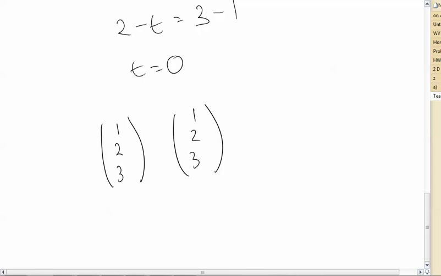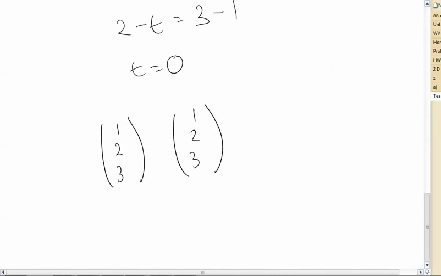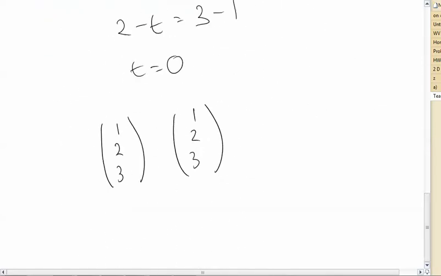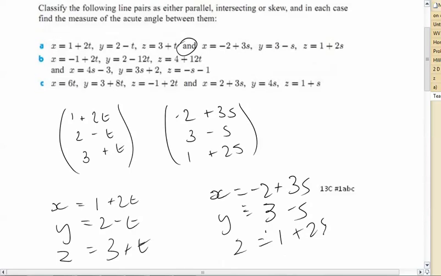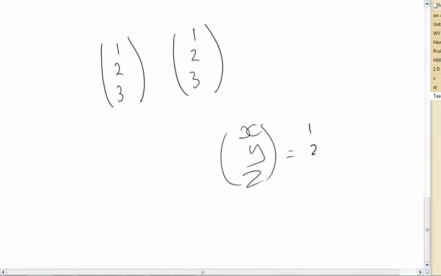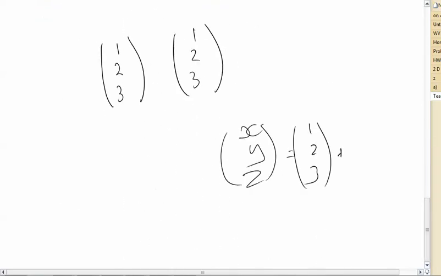And for the direction vectors, remember, if you put it in this form, x, y, z equals 1, 2, 3 plus t times 2, minus 1, 1.